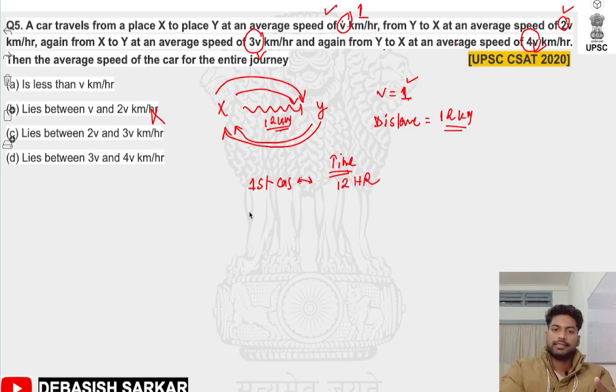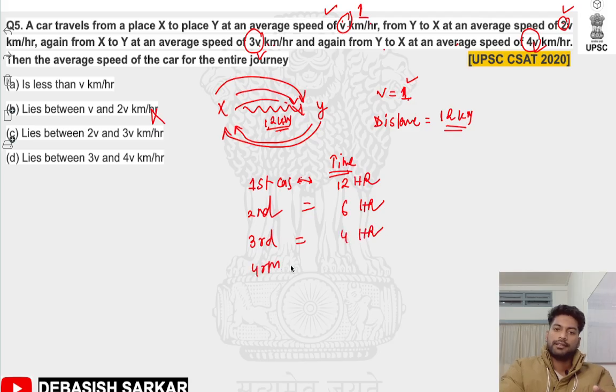For the second case, we are going again 12 km, now the speed is 2V, it means 2, so 12 by 2, that is 6 hours. Now third case, again the distance is 12 km, now our speed is 3V, it means 3, V means the 1, so 12 by 3, that is 4 hours.